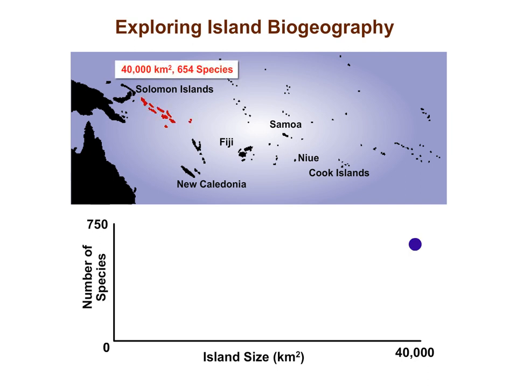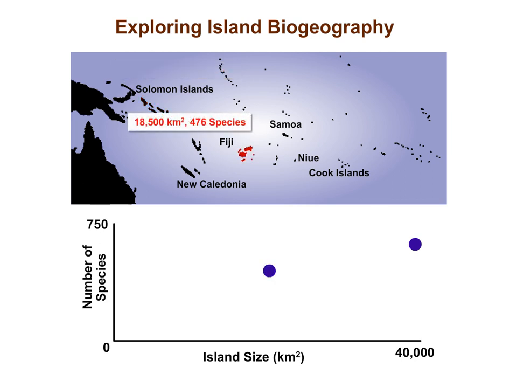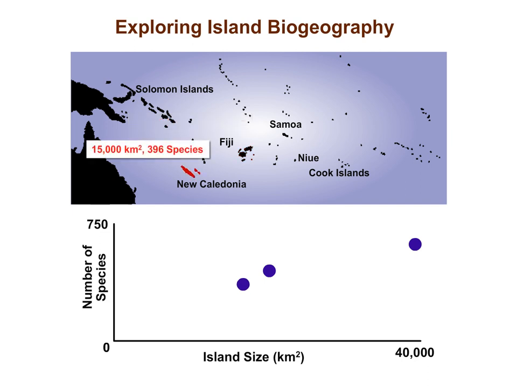Solomon Islands are 40,000 square kilometers and have 654 plant species. Fiji is 18,500 square kilometers and has 476 plant species. New Caledonia is 15,000 square kilometers and has 396 plant species.